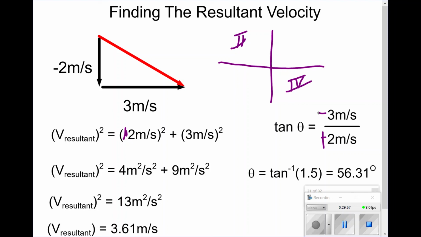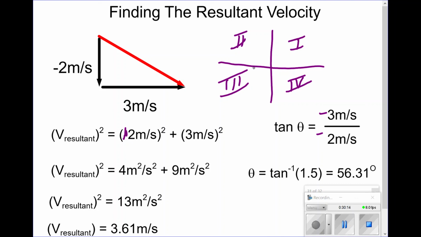Likewise, if both of these were positive, I come up with positive 1.5. If both of these were negative, I come up with positive 1.5. The calculator cannot tell the difference between the first and third quadrant.